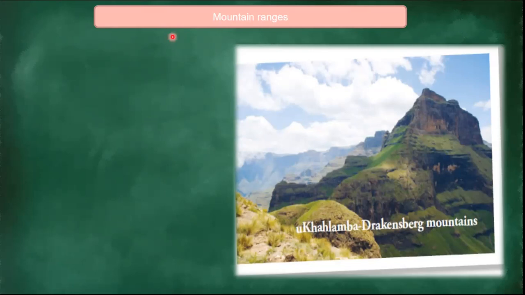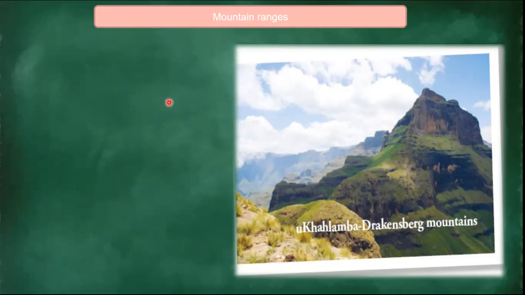Lisedi on the group chat says many. Yes, Jordan. A mountain range is like a lot of mountains on each other, but I can see one of them is separate. Yes, that is correct. Thank you, Jordan.